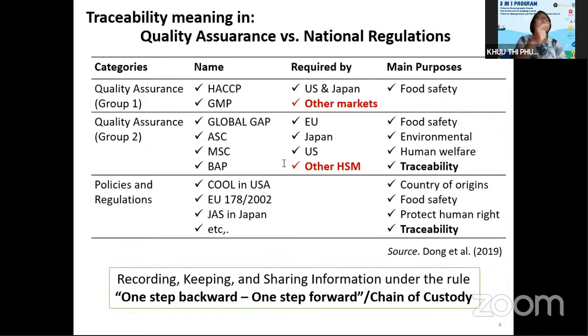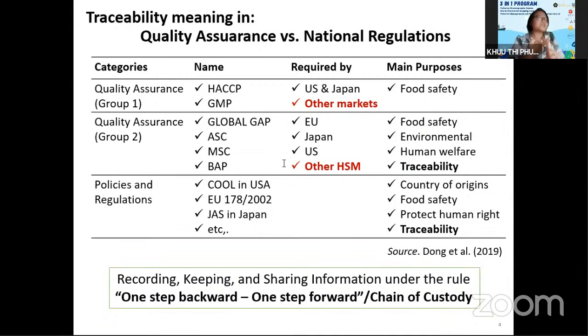If you want to export our product to the US, you have to focus on the regulations of the US. If you want to export to Japan, we have to focus on Japan. That's why until now the processors face a lot of trouble with certifications.